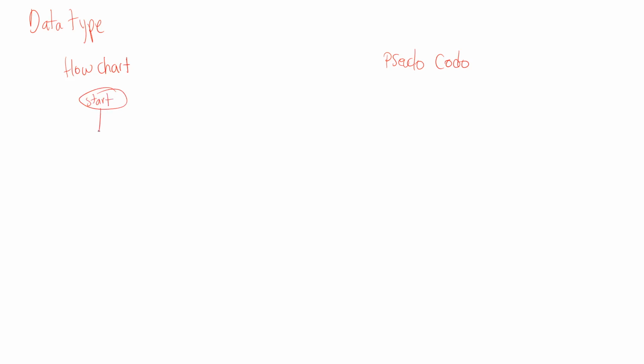For example, we would make a scene like this: num equal to num1 plus num2, and then we go down and we show the output, result is num.